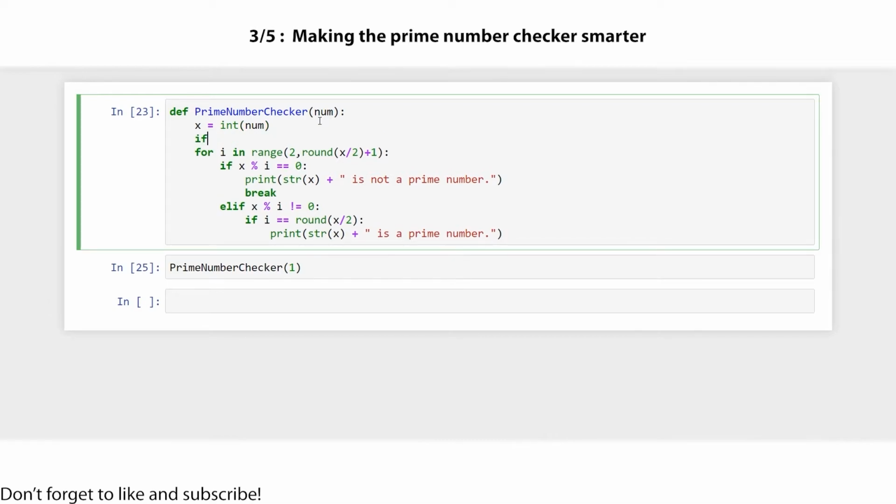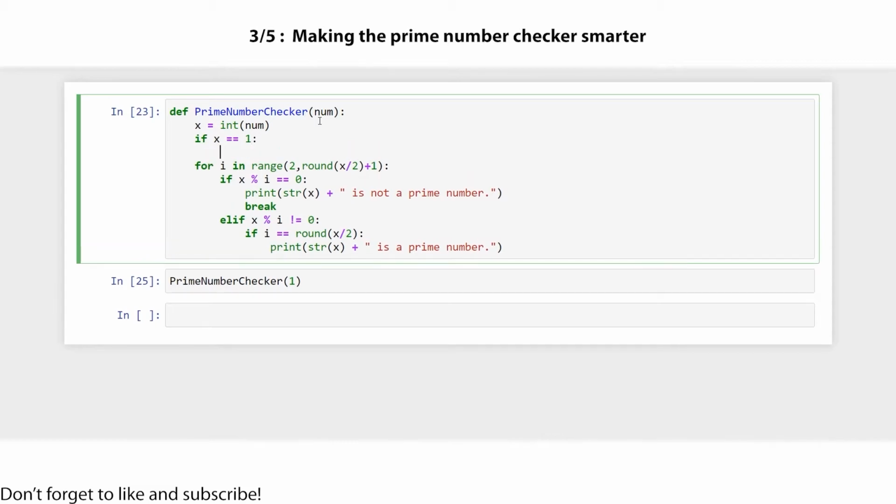So we're going to say if the number that we've got as an input is exactly, excuse me, we don't want num here, we want x, because this is after it's been converted to an integer. So if x is exactly equal to 1, we're going to print string x plus, and again, we're going to say the same thing, is not a prime number.